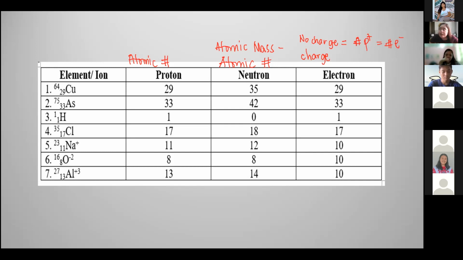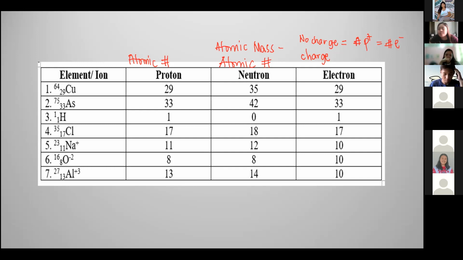So if na-confuse mo class kung asa dapit ang atomic number o asa dapit ang atomic mass, always remember na most of the time, except for hydrogen, the atomic number is lesser compared to the atomic mass. Lesser siya kay proton lang man iyahang gina-represent.